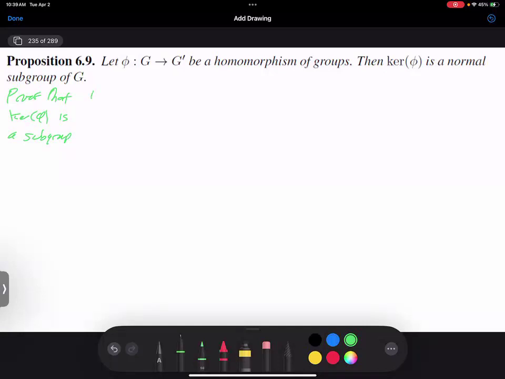So what's the first thing we have to show? So what do we have to do if we want to show that it's a subgroup? Contains identity. So the first is the identity. Well, we know phi of E equals E prime, as phi is a group homomorphism.